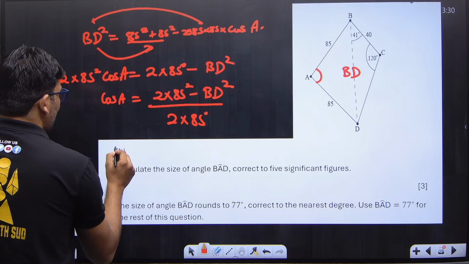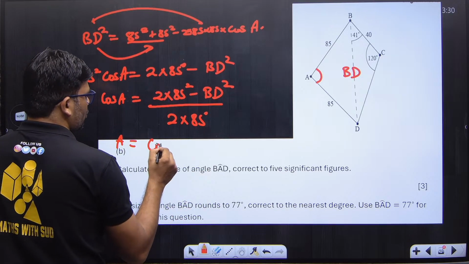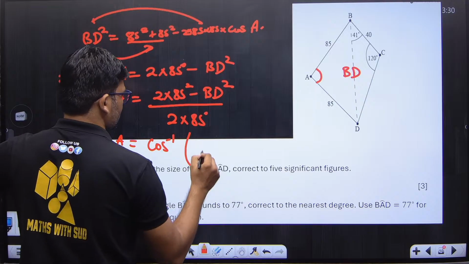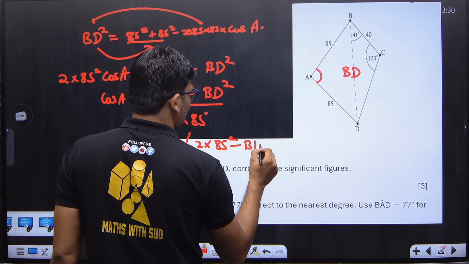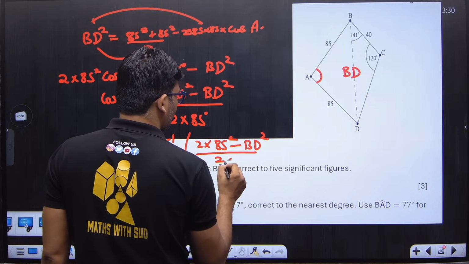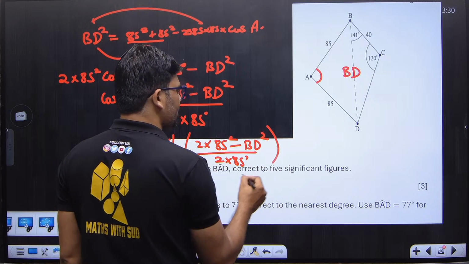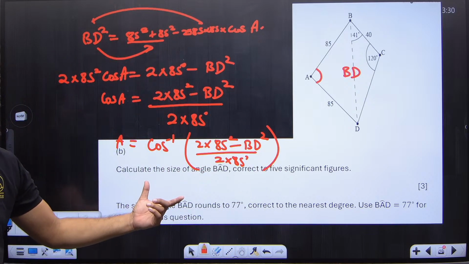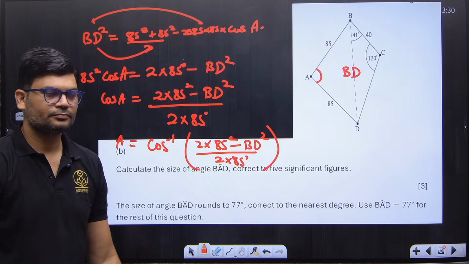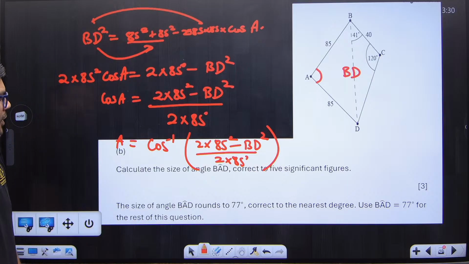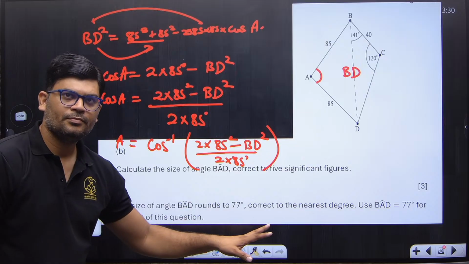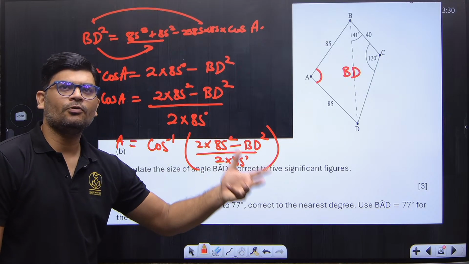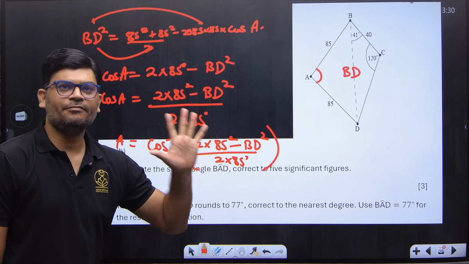So angle A will be equal to cos inverse of 2 into 85 square minus BD square divided by 2 into 85 square. Are you getting this? Yes, Shimoy? So now that you can find angle A, whatever will come, you have to round it off to 5 significant figures.